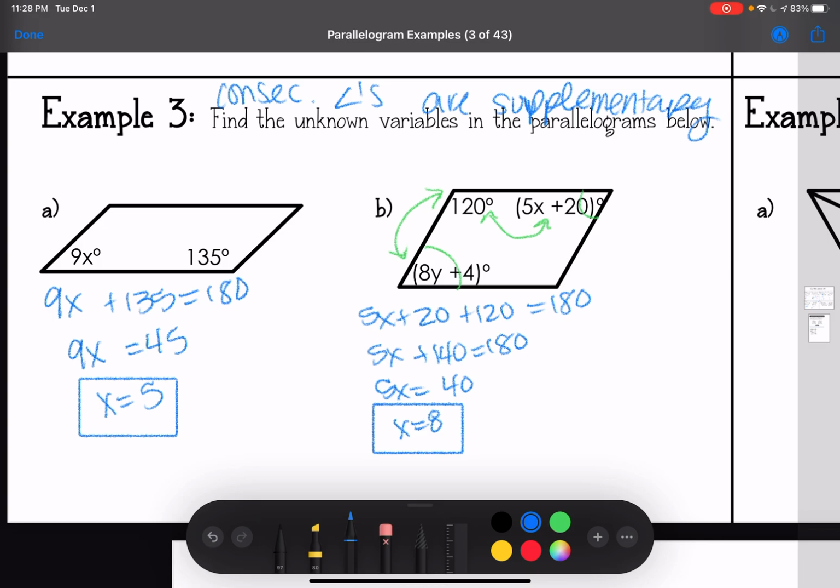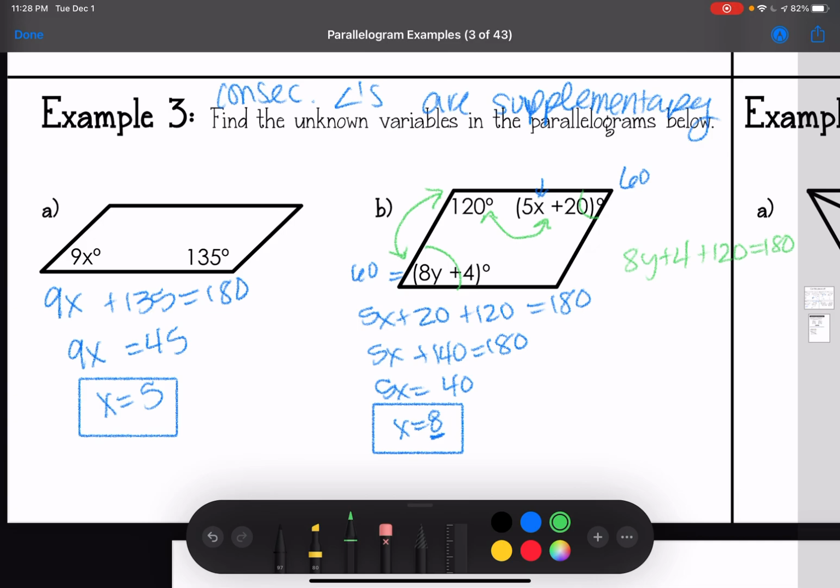Well, that's awesome. Now, there are two ways you can do this. You can take this 8 right here, drop it in, and figure out that this angle is 60 degrees, and then set this equal to 60 and solve for y. Or you can also set this up as a supplementary and make it 8y plus 4 plus 120 is going to equal 180.